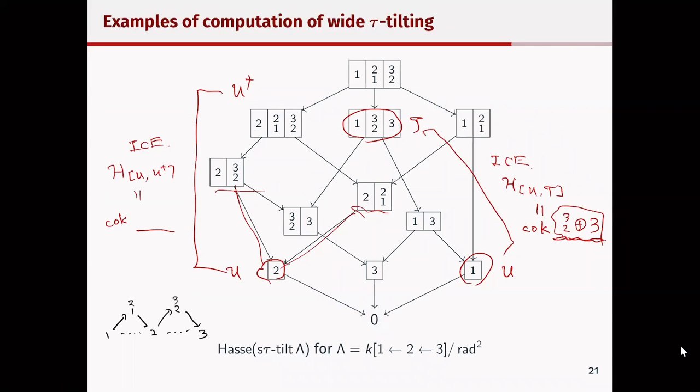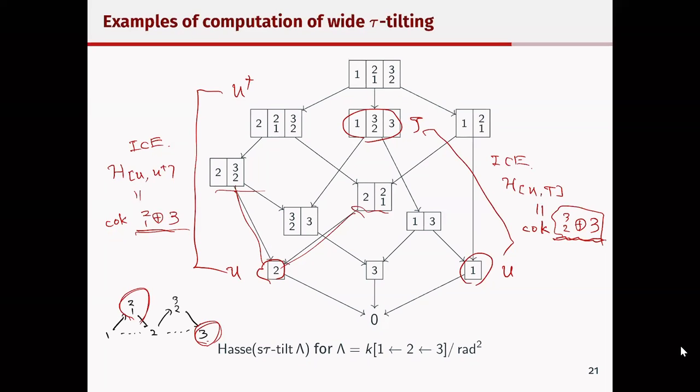The wide tau-tilting module is obtained by deleting all images from this map. So we have to delete this 2 and this 2. Then we obtain the wide tau-tilting module 2 plus 1 plus 3. So this is the wide tau-tilting module corresponding to this ICE closed subcategory.